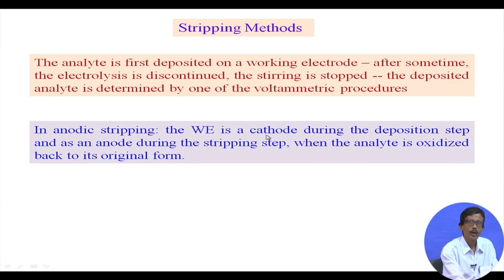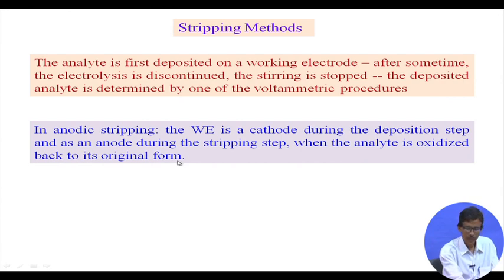When your working electrode is a cathode, you get the deposition, then you change the potential to anode. When it acts as the anode, you get the corresponding stripping process, when the analyte is oxidized back to its original form.